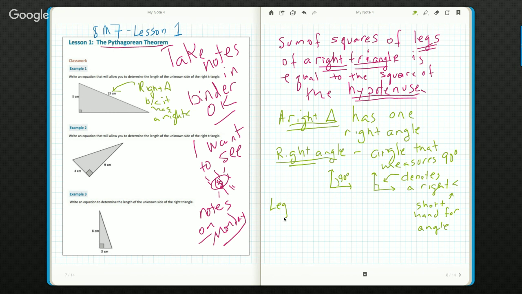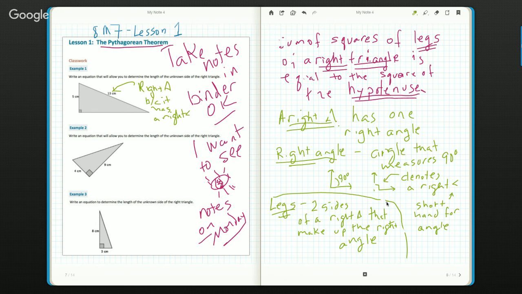The legs are the two sides of a right triangle that make up the right angle. So the legs are the two sides that make up the right angle.